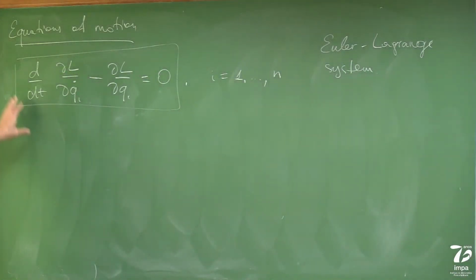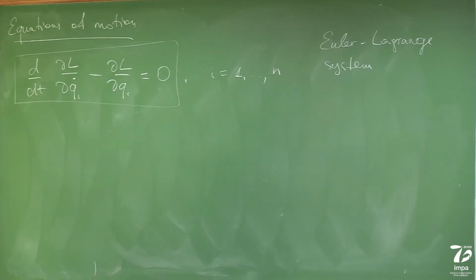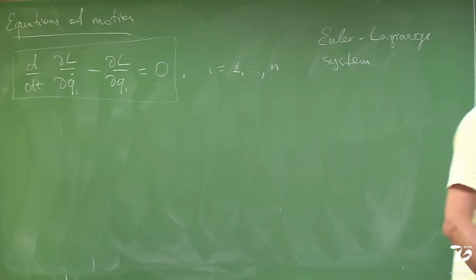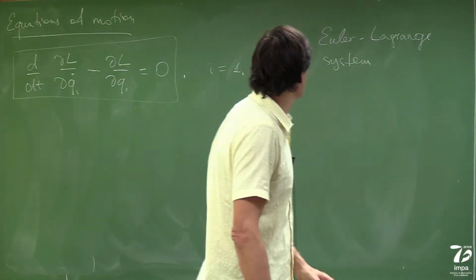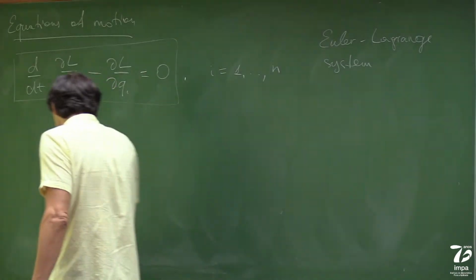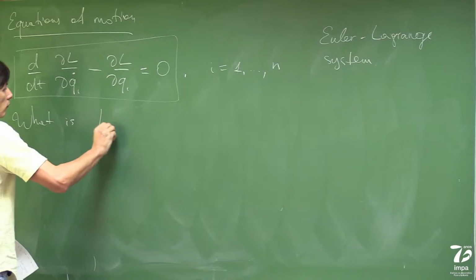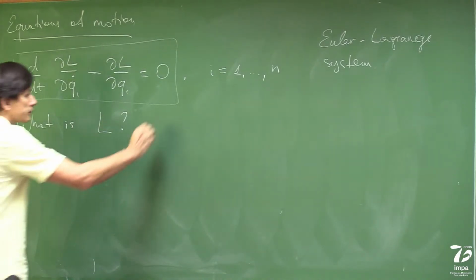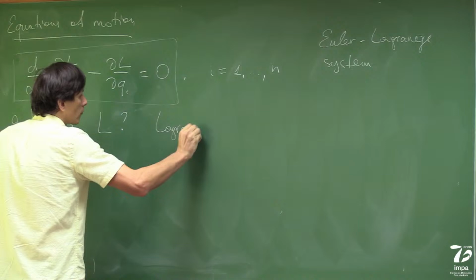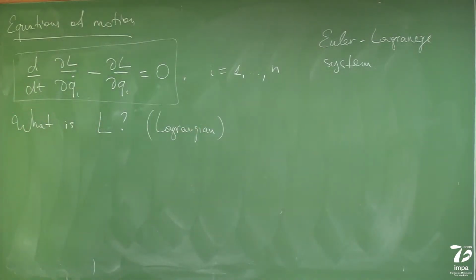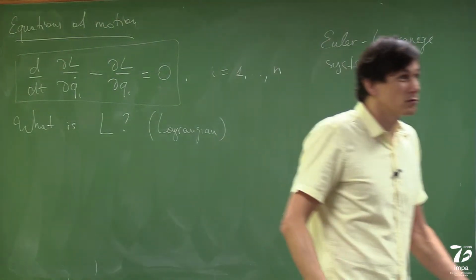And normally, if it's a good system, which means it satisfies the existence and uniqueness of solutions, then you give initial conditions, you find the trajectory, so you can predict the motion. So the only missing part is what is L? What is a Lagrangian function? And where do you take it from? This will continue after the break.